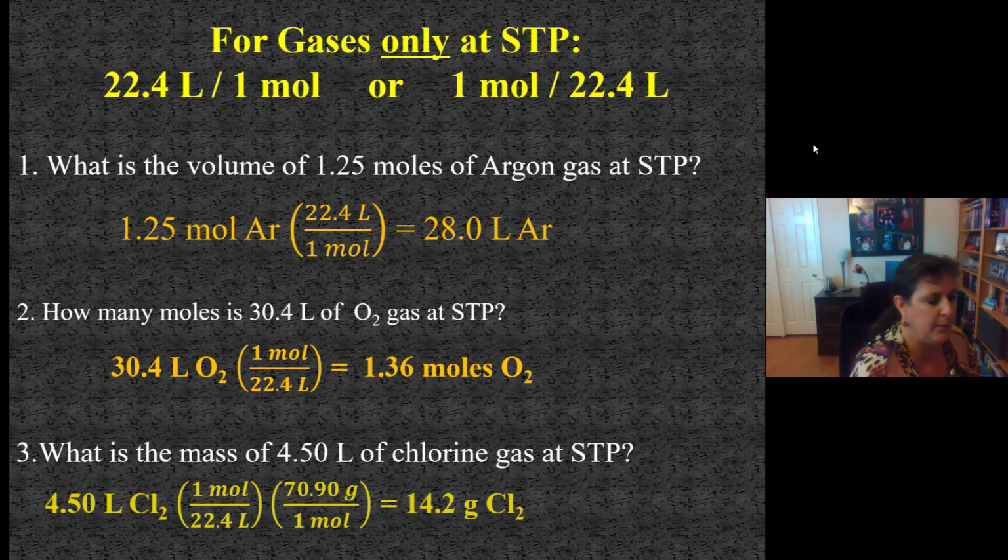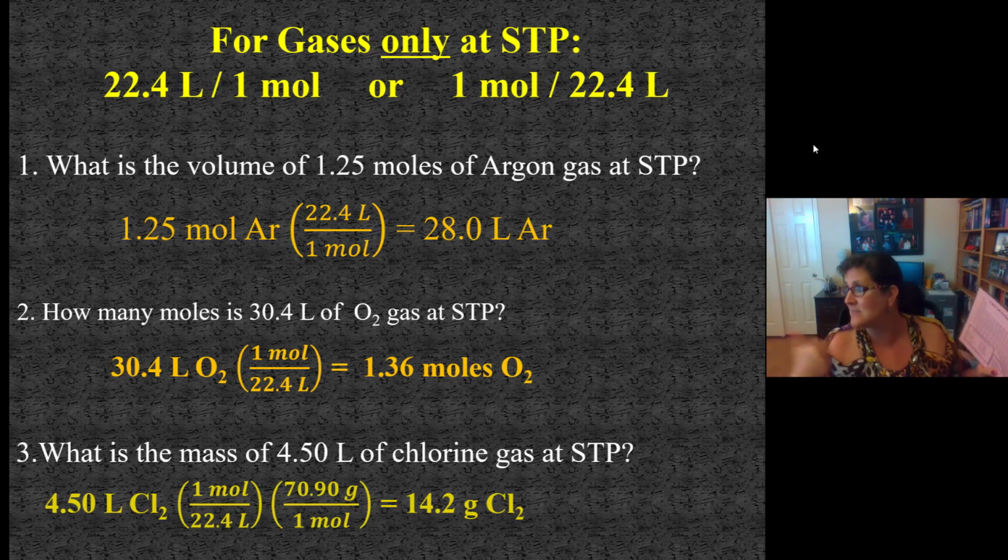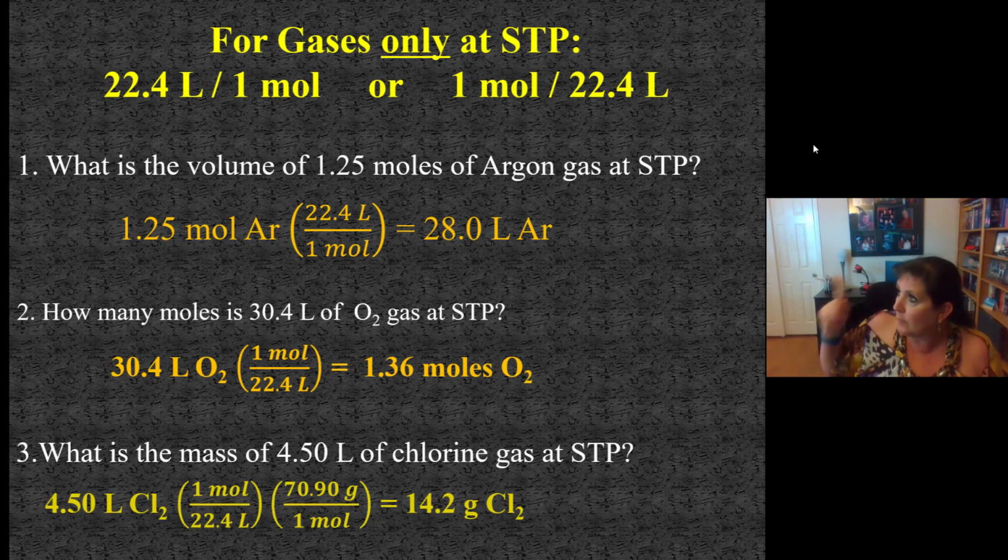So we need to add up 2 chlorines. So it's going to be 35.45 times 2. That gets us the 70.90 grams per mole. Moles cancel, and we get 14.2 grams of chlorine. All right, so study those 3 right there. Hope you did a good job on that.